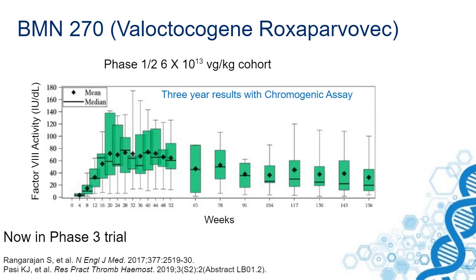Initially with this vector, there were levels well into the normal range of factor 8, which have decreased some over time, but still with a median range of around 40, which is certainly remarkable. And I think we'll have to see, because this trial is the farthest out, we'll have to see, is this what we will see for the other factor 8 trials? And we really don't know at this point.